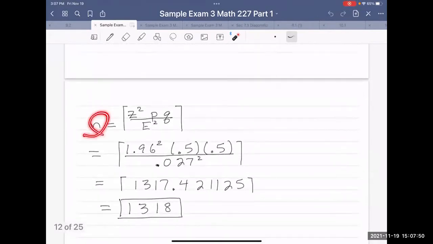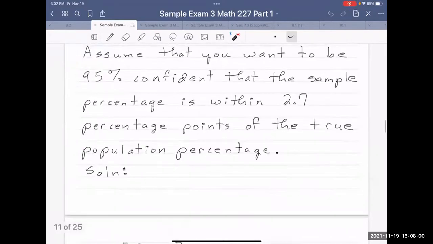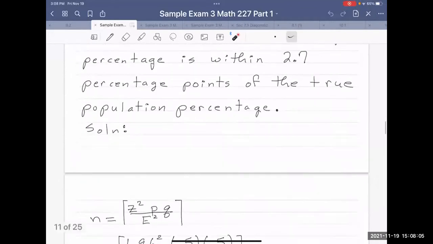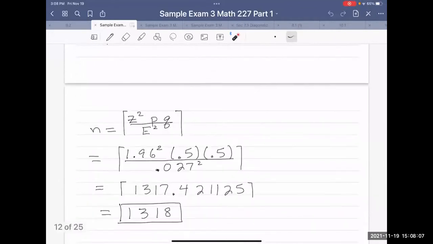So n is just equal to z squared pq over e squared. For a 95% confidence interval, you can either look it up or you've used it so many times you've memorized that z is 1.96.